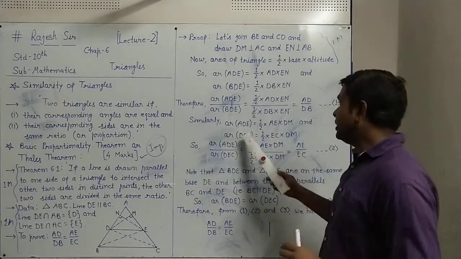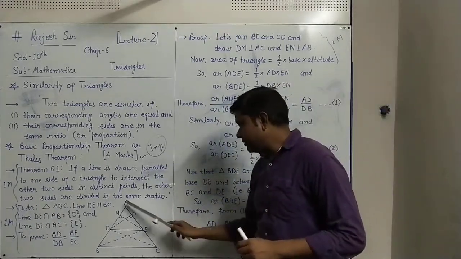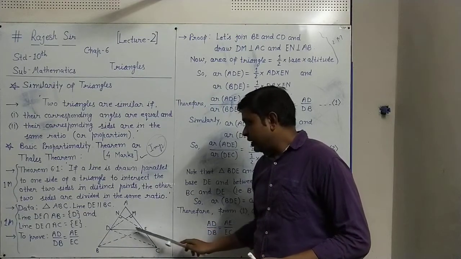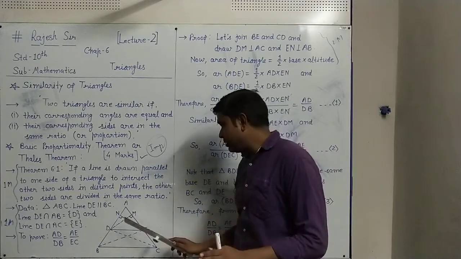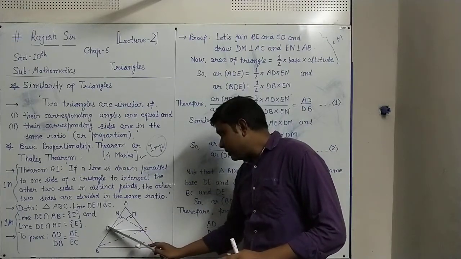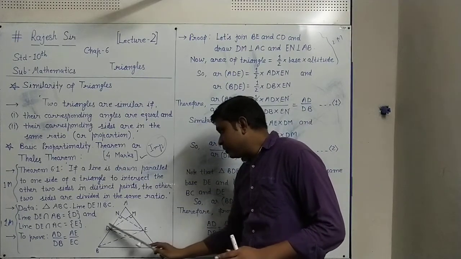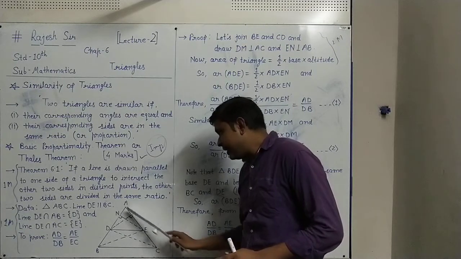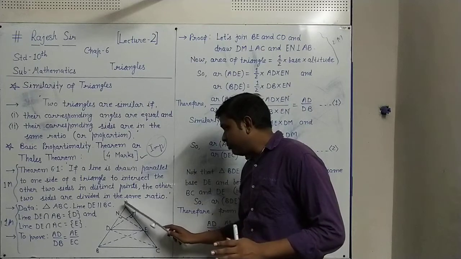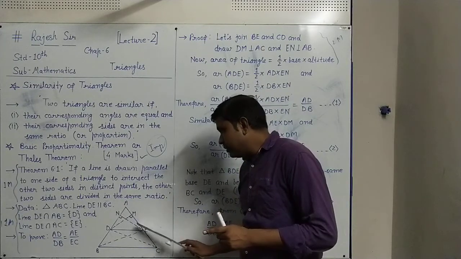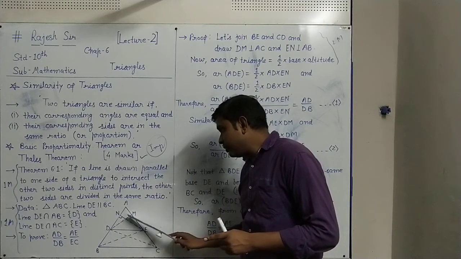Similarly, we take the area of triangle ADE once again, but this time the area is taken as half base into altitude with altitude DM. This altitude DM is on the base AE. So if I consider AE as the base, the corresponding altitude is DM.